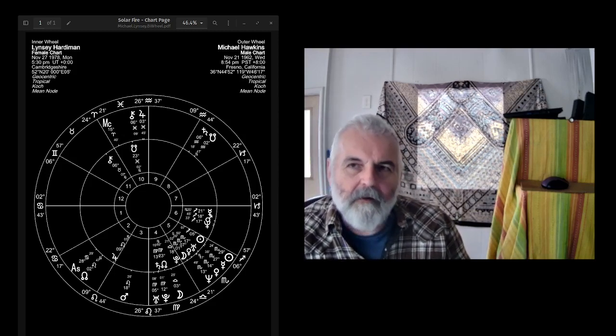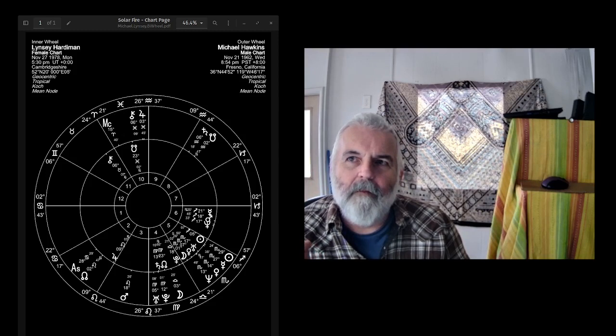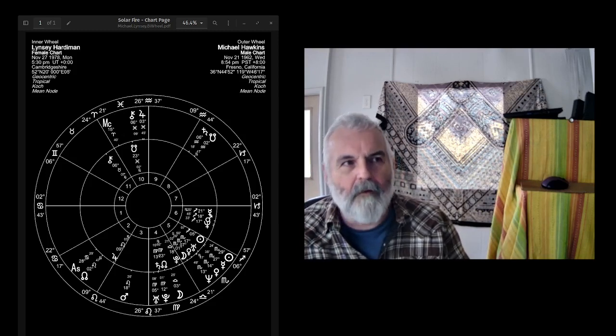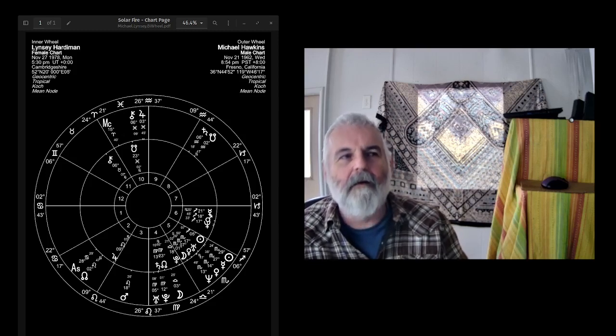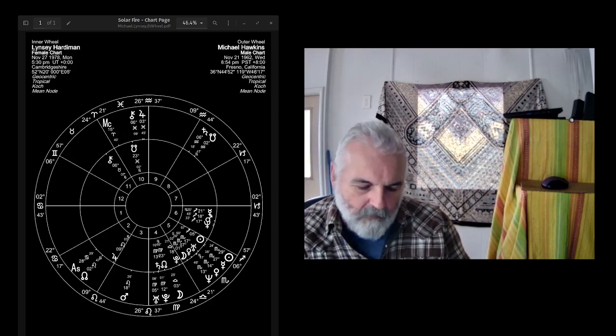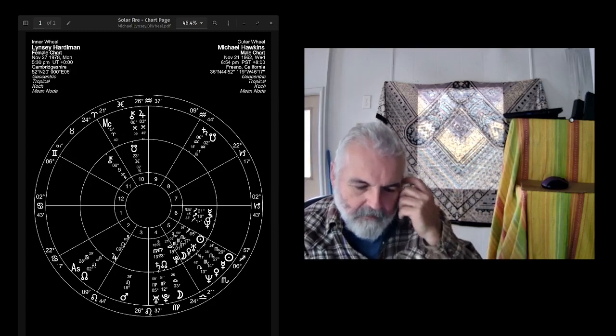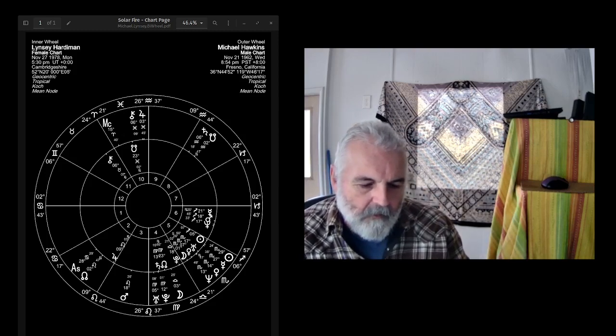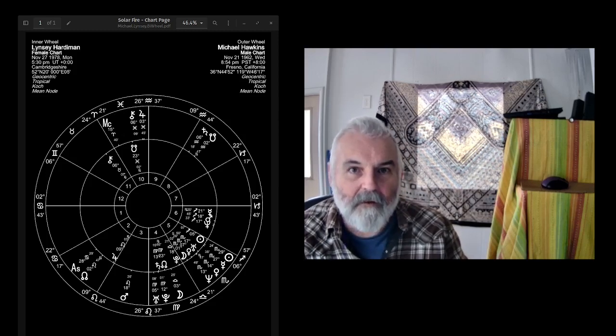And then the next three are of secondary importance, but they still have their own importance: squares, trines, oppositions. So I'll start with the conjunctions. And in your chart, I guess we both have a lot of concentration in that fourth and fifth. You have a lot of stuff in the sixth, so you've been doing a lot of healing in this lifetime.